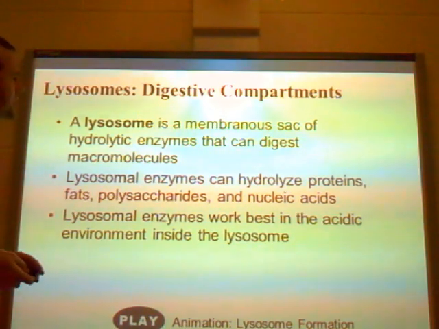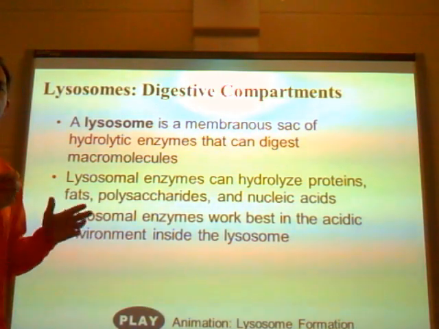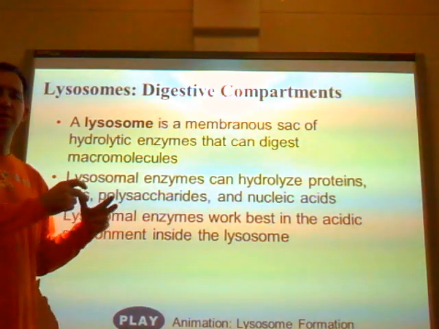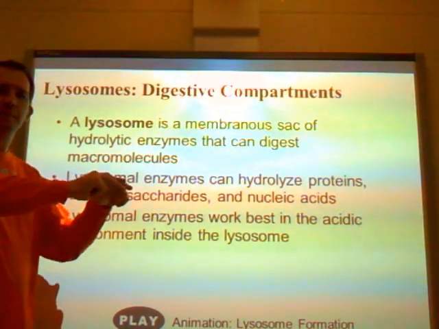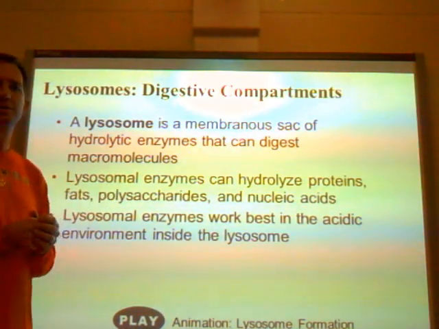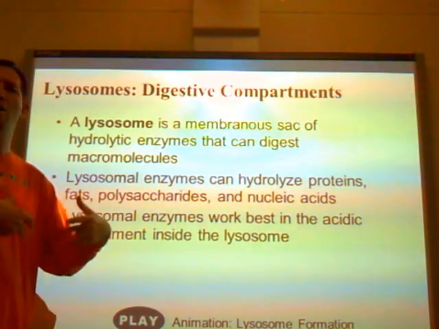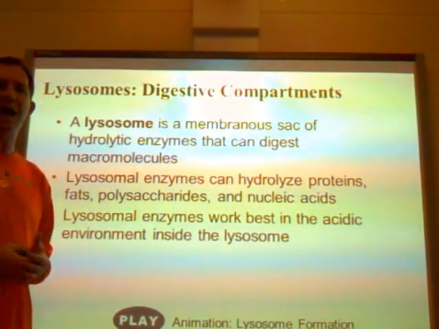We have lysosomes also inside of our cells. Lysosomes are fluid, digestive enzyme containing vesicles. And their job is to digest macromolecules and also to take care of any unwanted material from the outside.